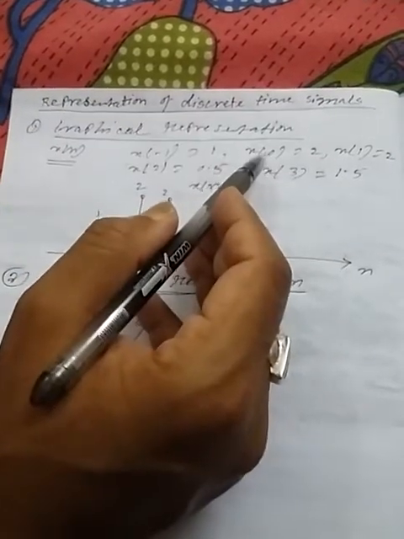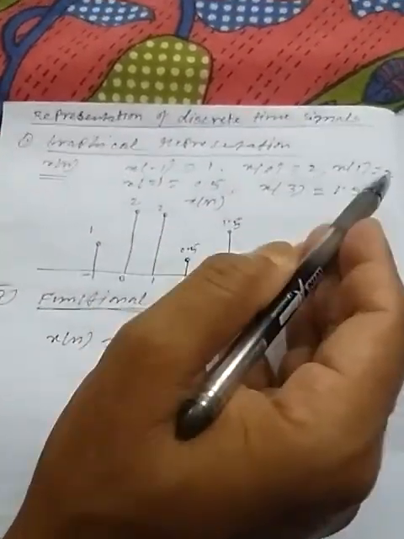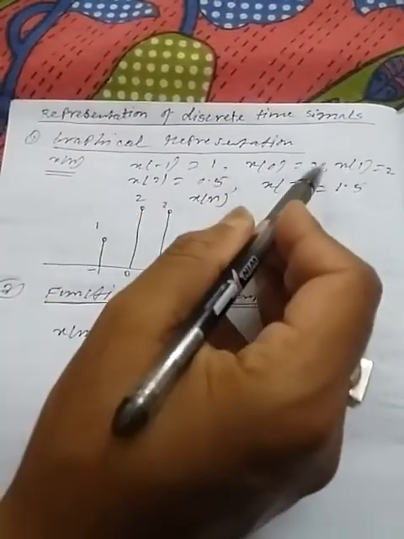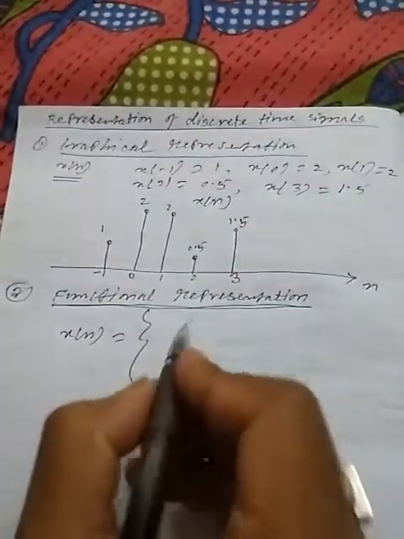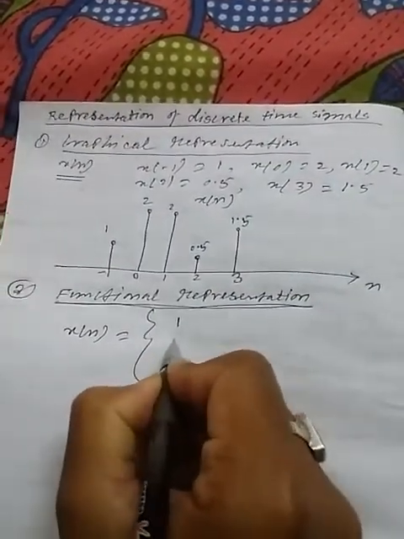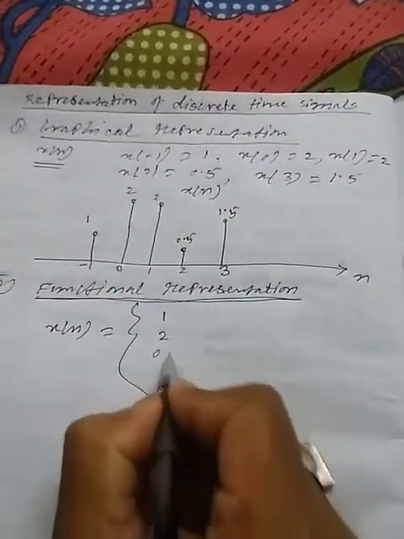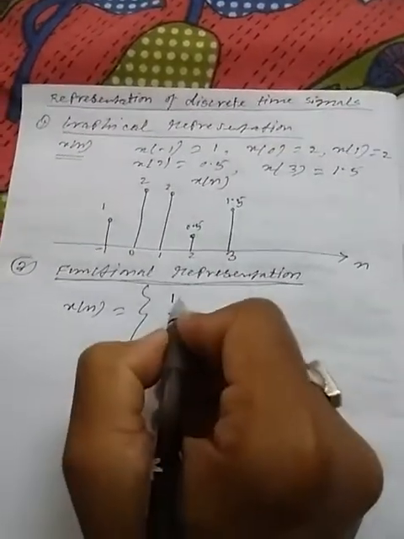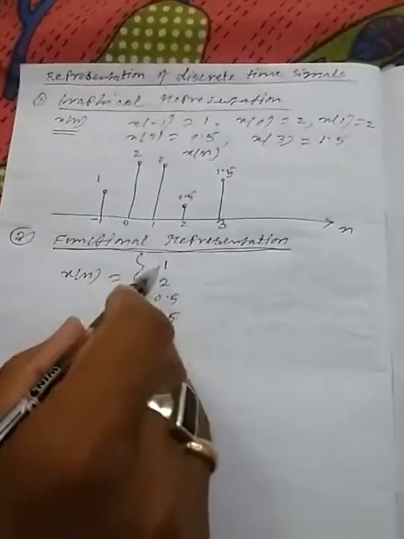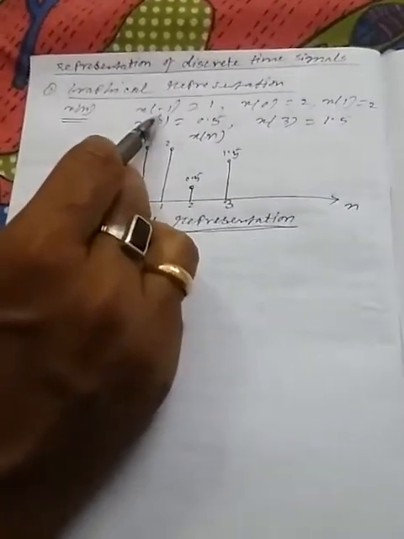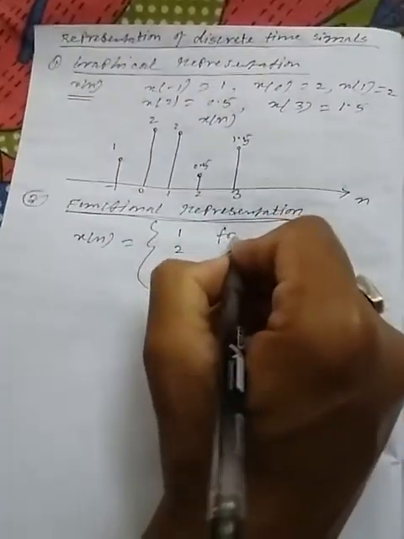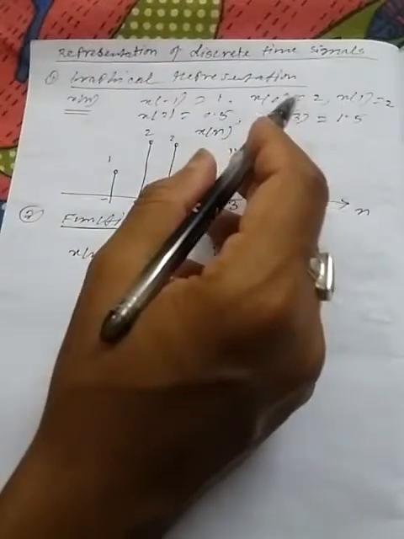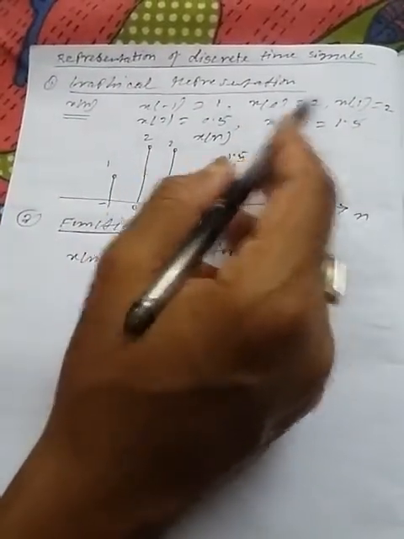When n equals 0 and 1, then x[n] equals 2. So the values of x[n] are 1, 2, 0.5, 1.5. So write the values 1, 2, then 0.5, then 1.5, and x[n] equals 1 when n equals -1. The value of x[n] equals 2 when n equals 0 and 1.